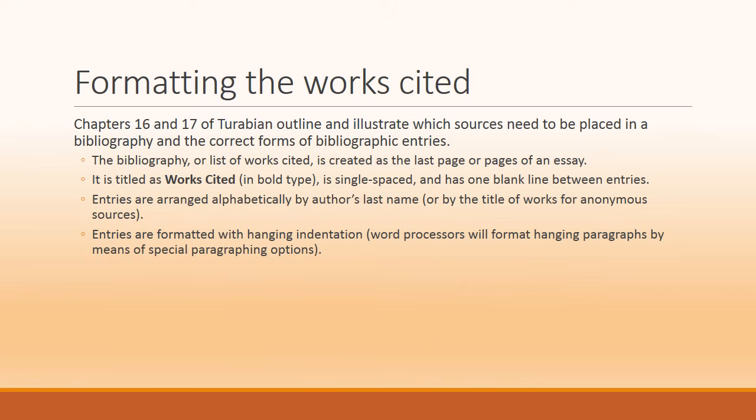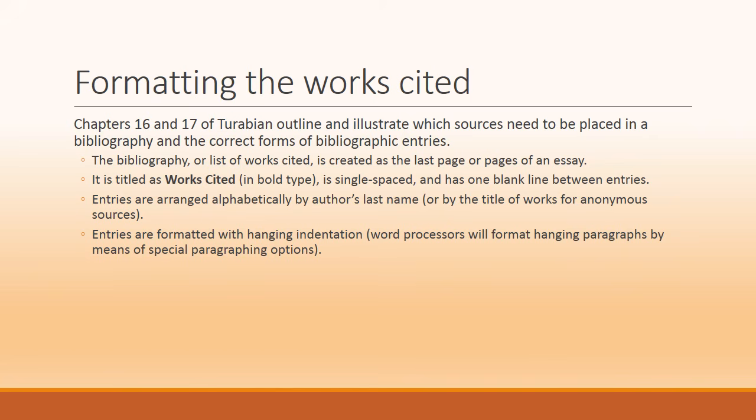It is single-spaced and has one blank line between entries. Entries are arranged alphabetically by authors, or sometimes editors in place of the author's last name, or by the title of works for anonymous sources. Entries are formatted with hanging indentation. Word processors will format hanging paragraphs by means of special paragraphing options.